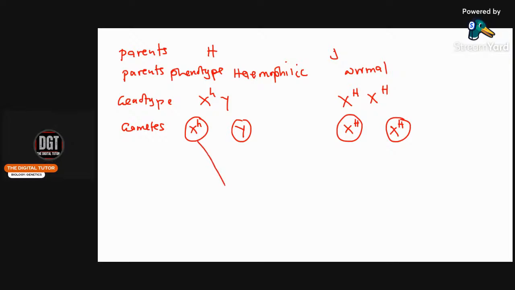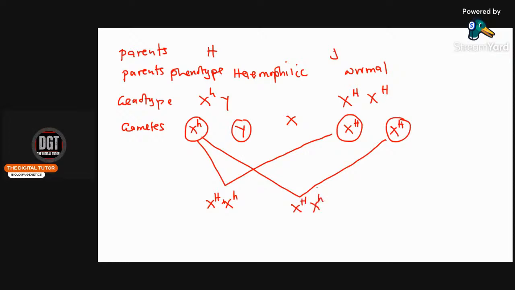Then now, if we're to cross this, so here you show that you're crossing, this one is going to be X^H. Then this and that. So please take note, even as I cross, I might make some mistake, it's possible. Then this and that, it's going to be X^H Y.